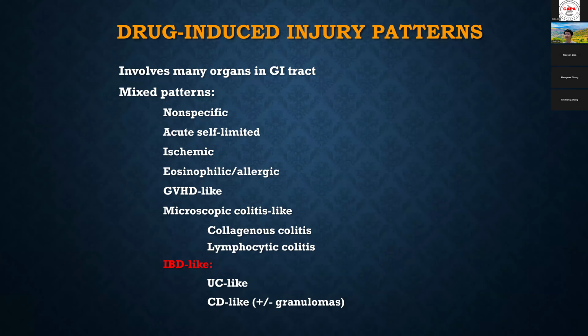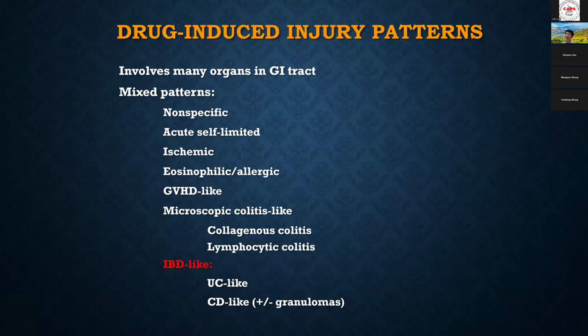It's too many. So in general, for drug-induced injury patterns, sometimes you can see a hint. First, it involves many organs, and you can see upper and lower GI involvement. And usually the age difference will make you start to suspect this may not be IBD, right? We know IBD has two peaks.